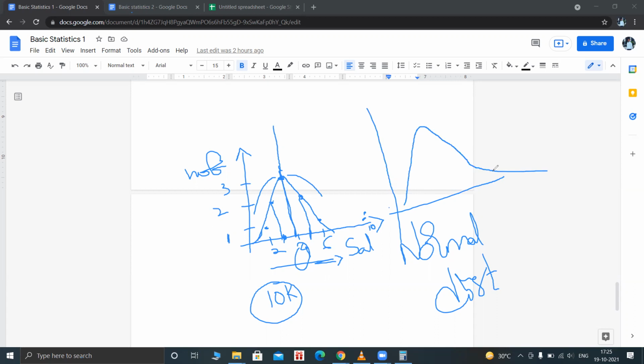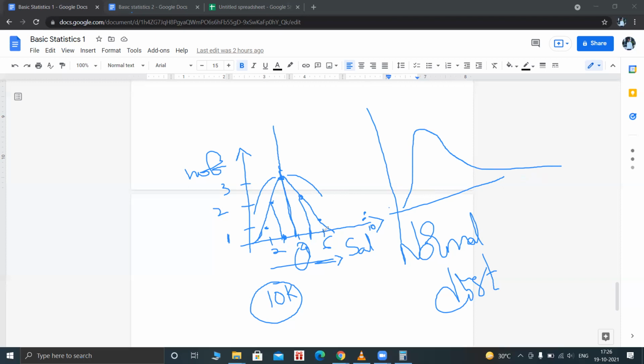Yeah, guys, you can observe the diagram. See here guys, if you can observe, earlier my mean was at 4, but now my mean got shifted to 6, right?